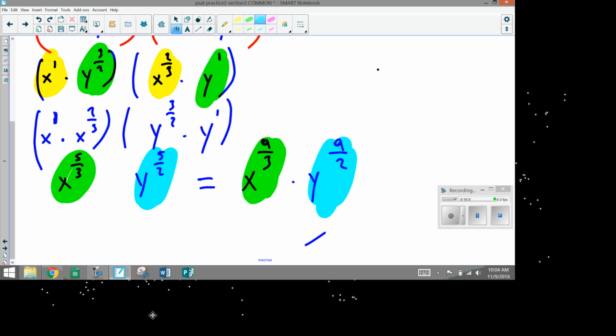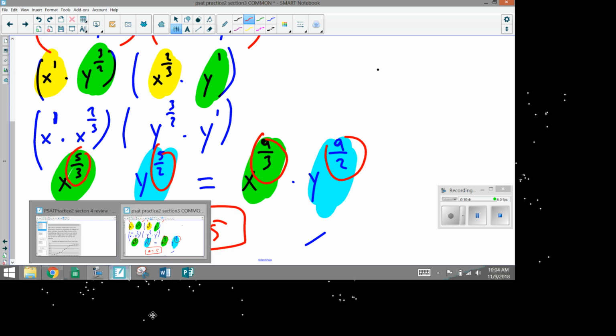So in that case, what is a? Apparently, it looks like 5. Do you guys agree? 5 over 3, a over 3. 5 over 2, a over 2. So a's and 5's match. So a equals 5 for this question.